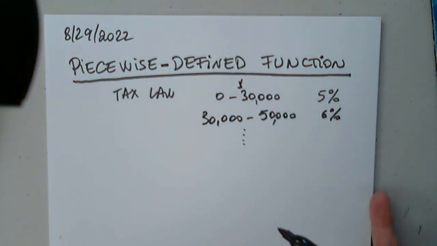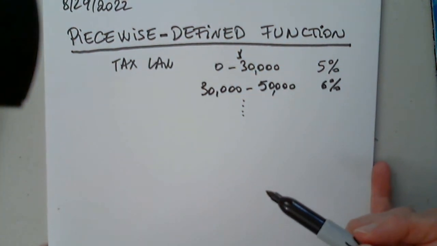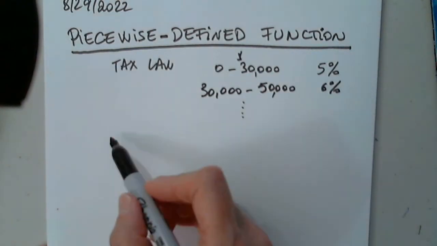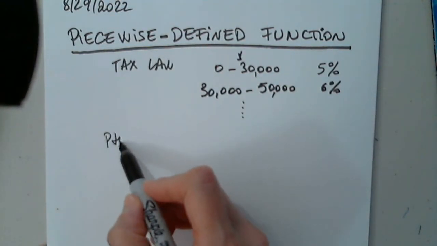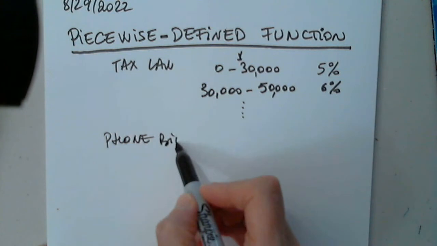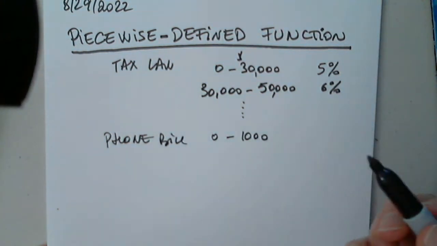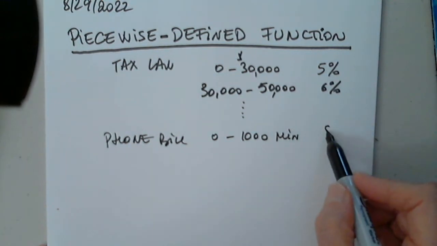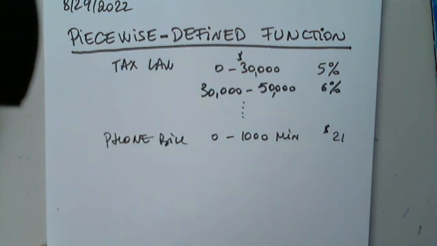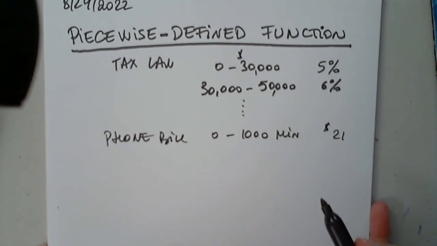Another example, which probably is not relevant anymore, is something like paying for the phone bill. Assuming I talk between 0 and 1,000 minutes, let's say I pay $21. Making numbers up, of course.